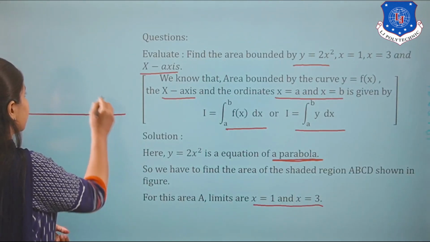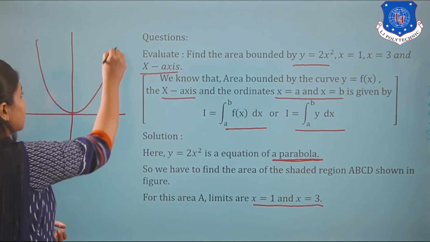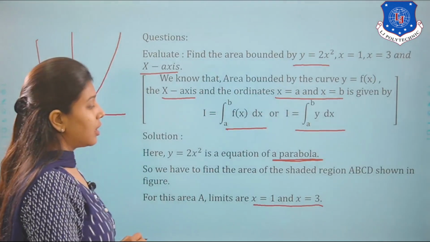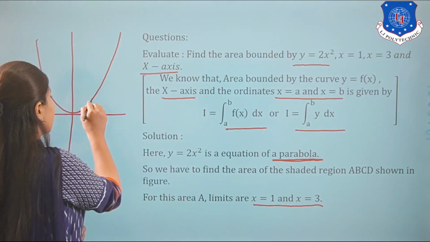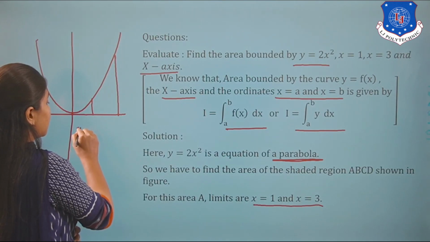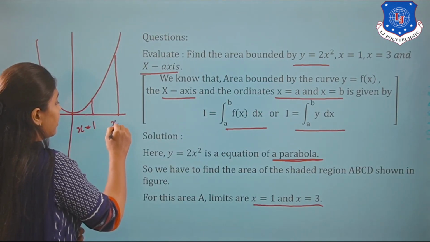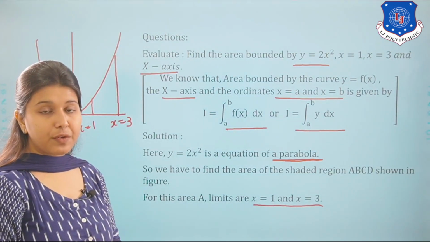If we are having parabola of 2x square and limits are 1 and 3, that means if we have like this, x is equals to 1 and x is equals to 3. Now what we need to find?